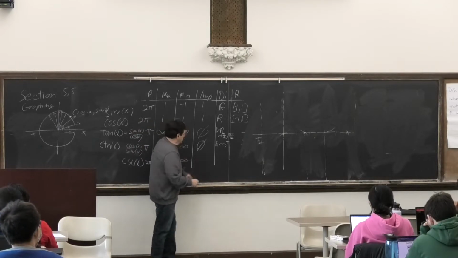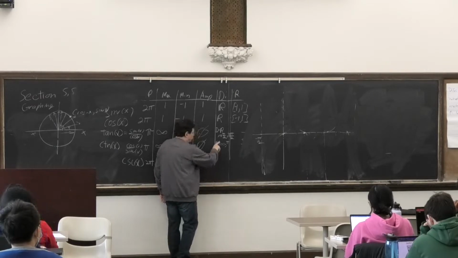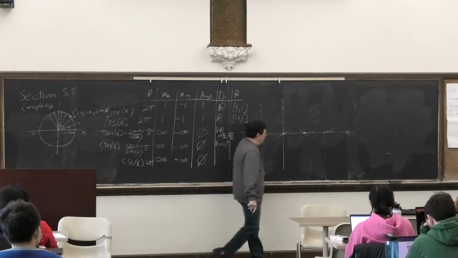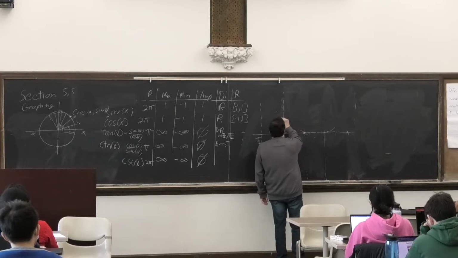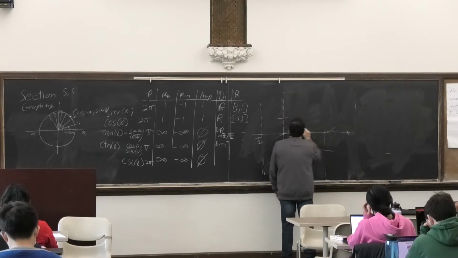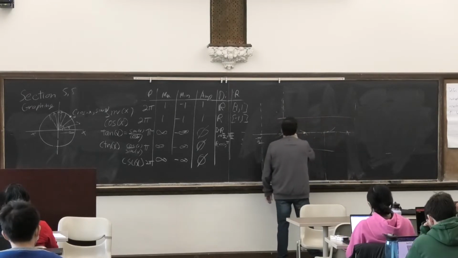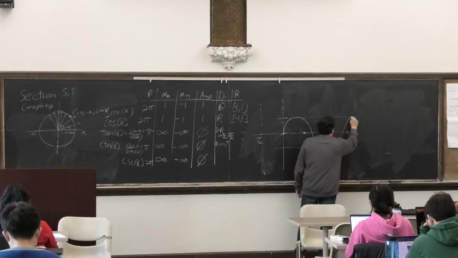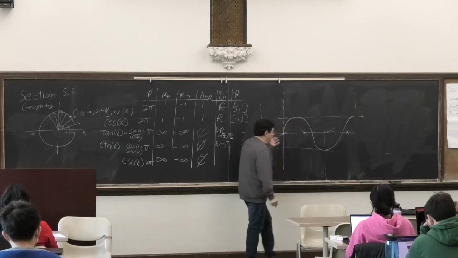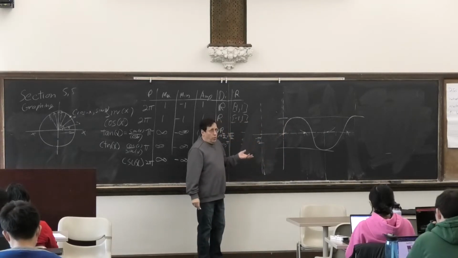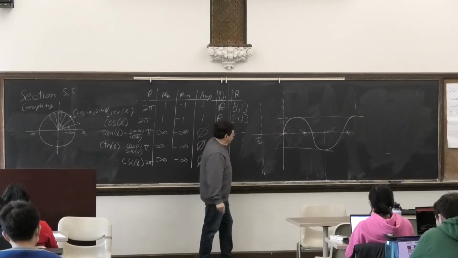So there's no amplitude still. And we'll talk about the range and domain in a second. But again, you just graph a sine function. That's a sine function. What does 1 over the sine function look like?